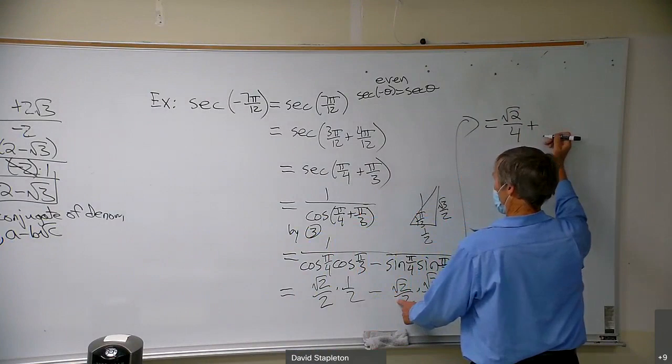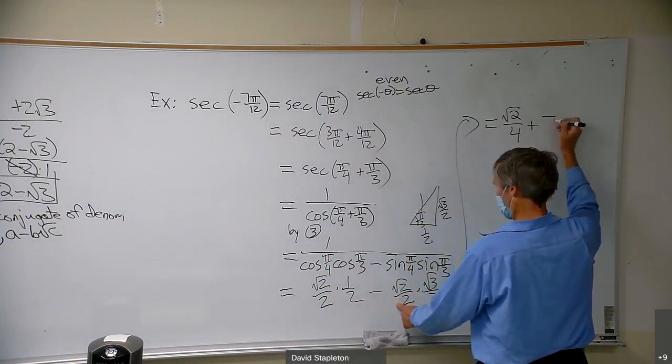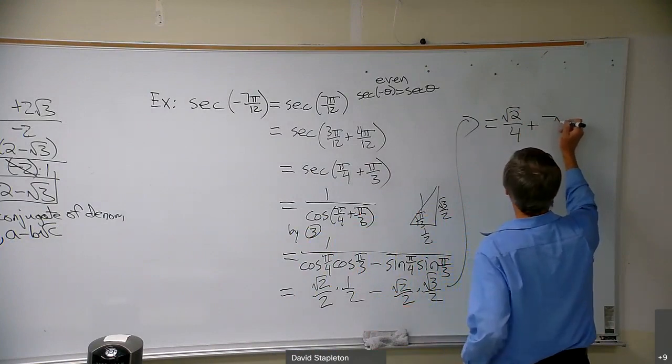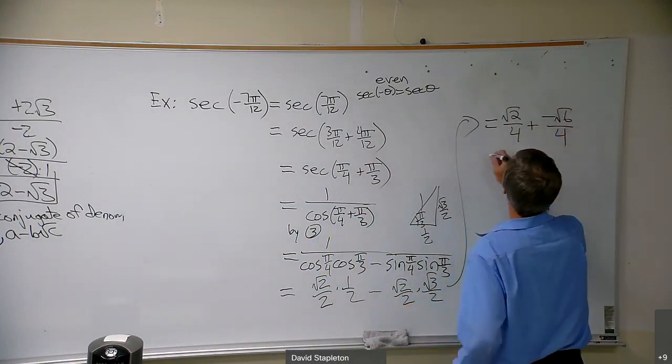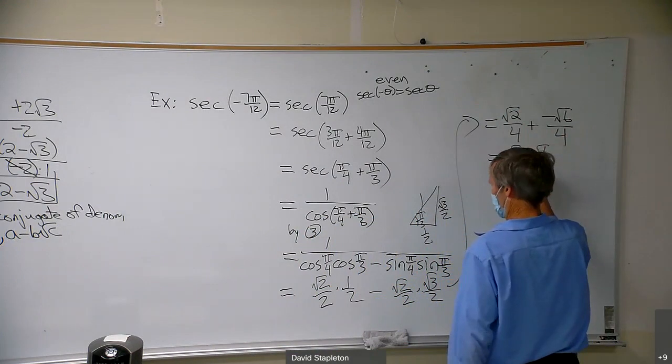This is minus square root 6 over 4. What I've got is square root 2 minus square root 6 all over 4.